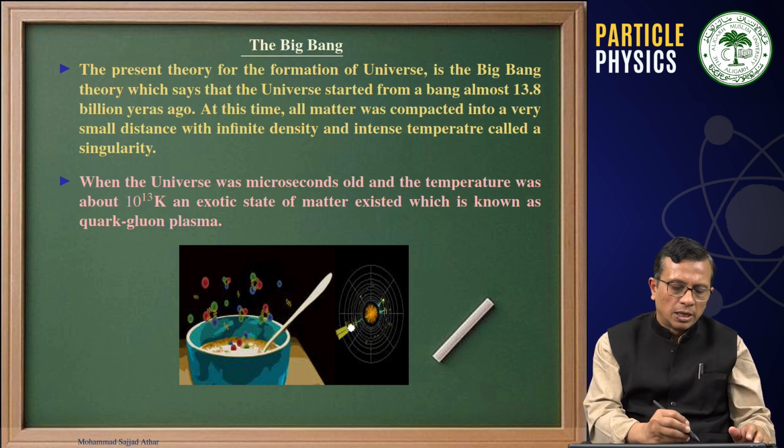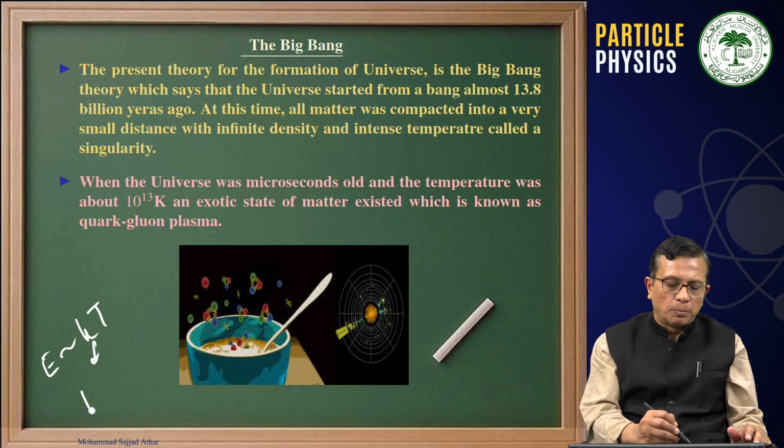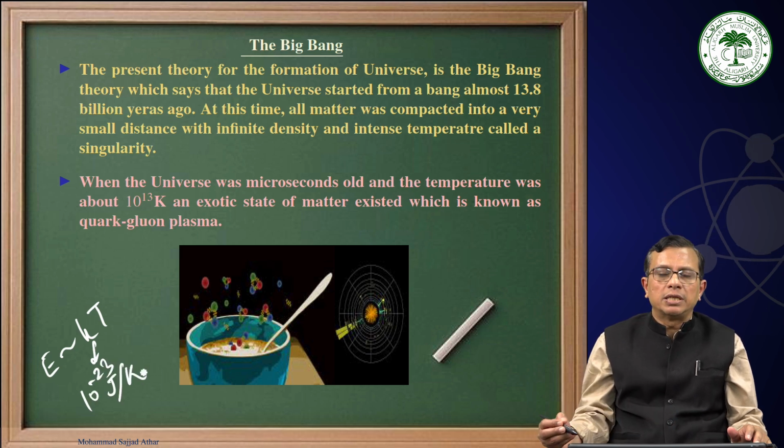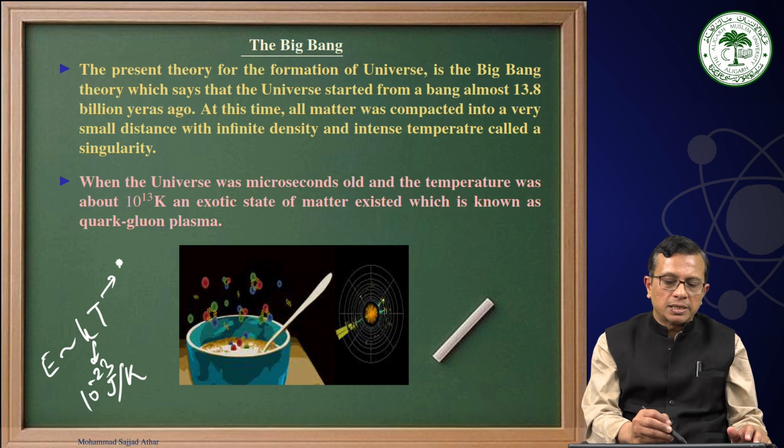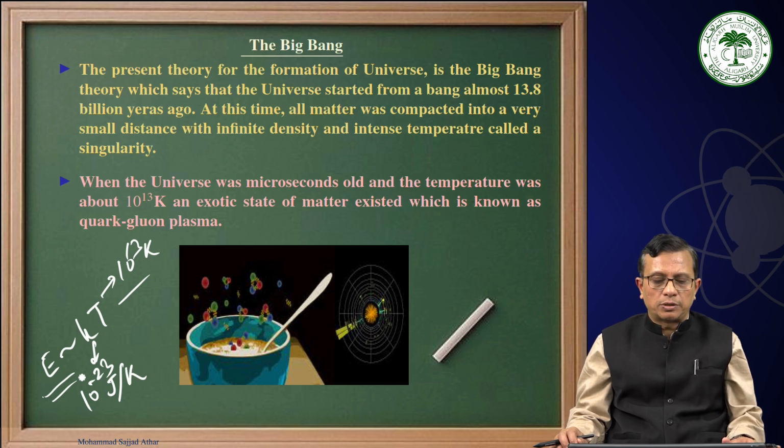As you can recall, E is of the order of kT, where k is the Boltzmann constant, 10 power minus 23 joules per Kelvin. This is 10 power 13 Kelvin. You can estimate what the energy will be at that point of time.